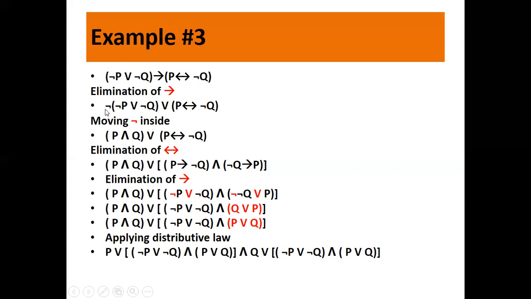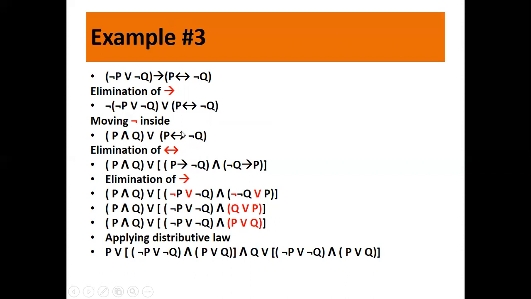And again here negation of Q, so the negation gets cancelled and it will be only Q. Is it fine? So now you have P and Q implies P biconditional negation of Q. Is it clear? So we could eliminate the implication operator and we could move the negation inside.